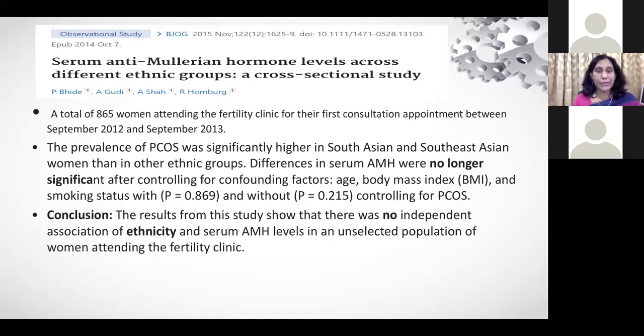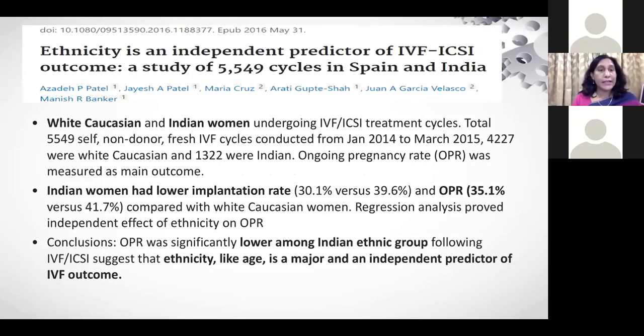In this study, which was done by the Goody Group from London, what they found was that in their clinic, there was no independent association of ethnicity and serum AMH levels in an unselected population of women attending the Fertility London Clinic. But then another study, which is by Banker et al., found that ethnicity is an independent predictor.